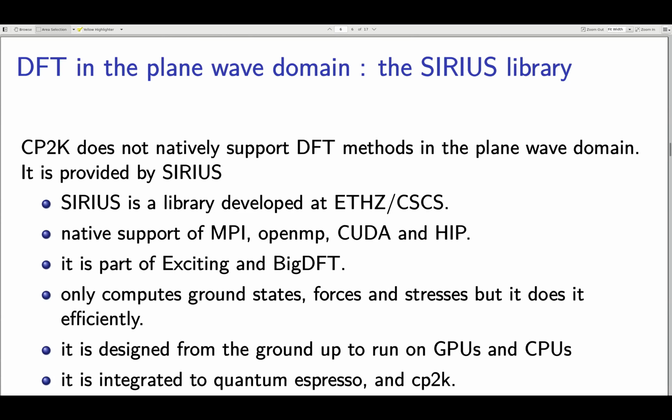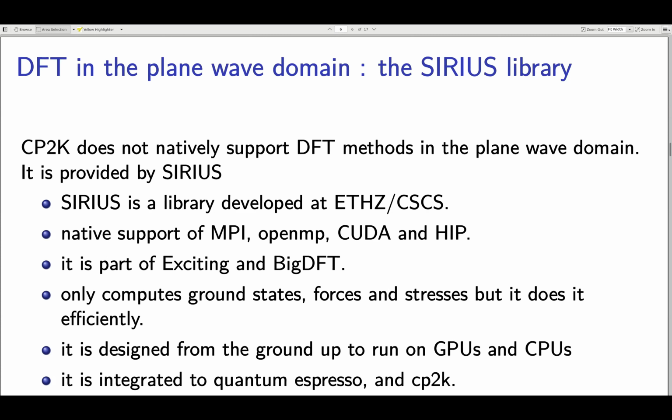And as I said, it is integrated in CP2K, but it's also integrated in Quantum Espresso, which means that for quite a long time Quantum Espresso couldn't run on GPU, but with the use of Sirius, they could do many calculations on GPU.